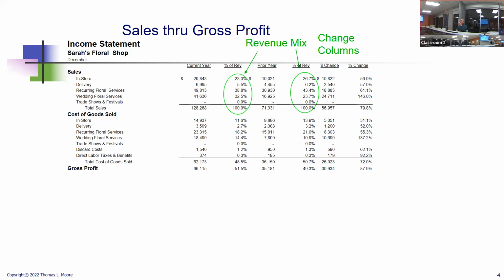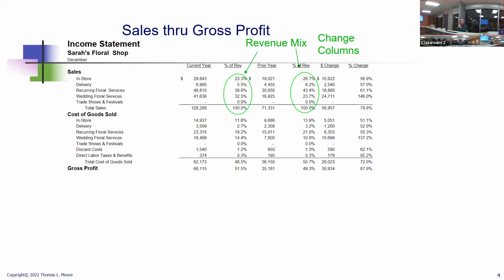So in store, that 14,937, that's likely to have labor costs. It's likely to have other variable costs like packaging or freight or those kinds of expenses that correlate or track to the volume of sales.